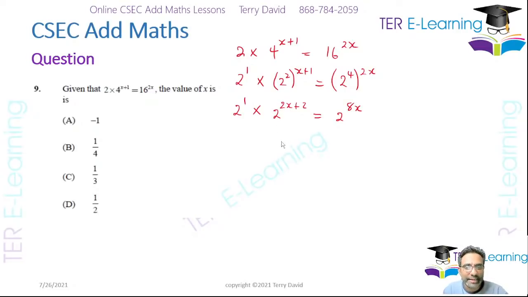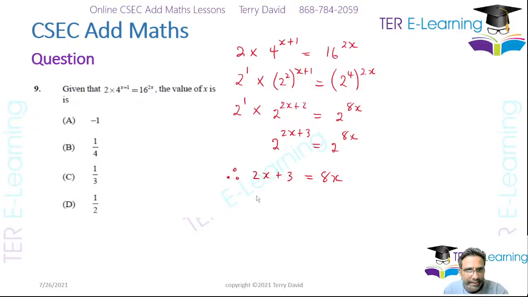So therefore, on the left-hand side now, since you're multiplying and you have the same base, you're going to have 2 to the power 2x plus 3 is equal to 2 to the power 8x, right? So at this point here, since you have the same base, we can say therefore 2x plus 3 is equal to 8x, right?